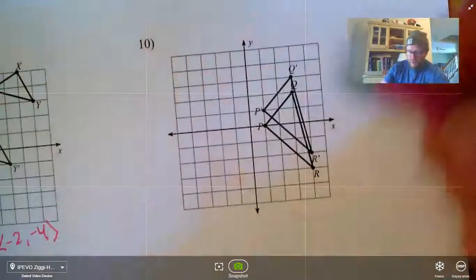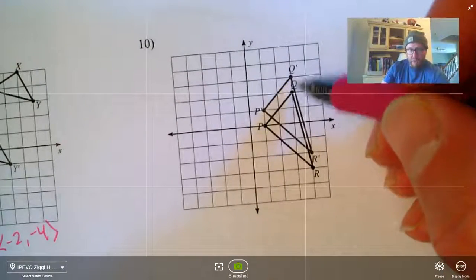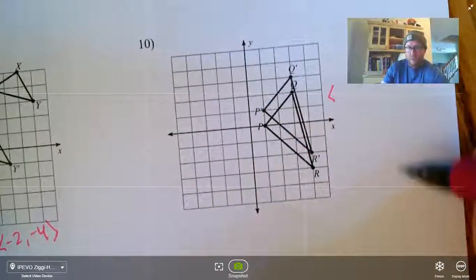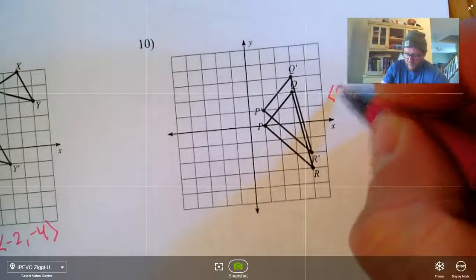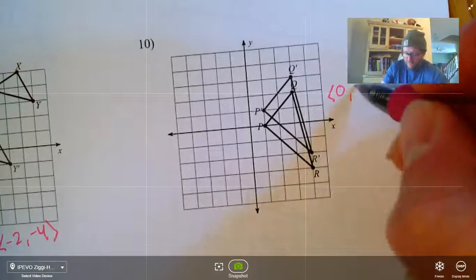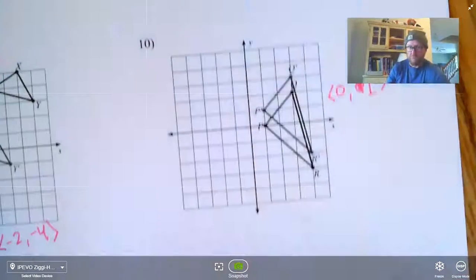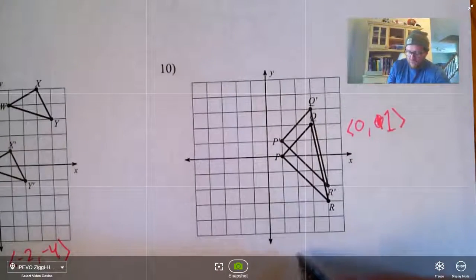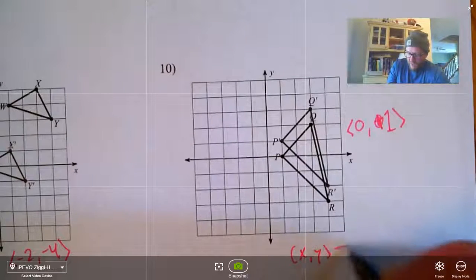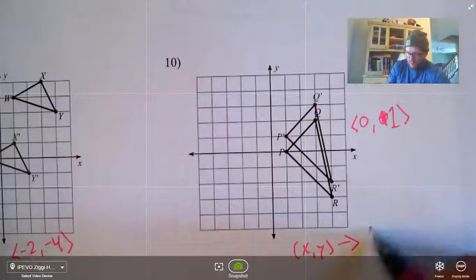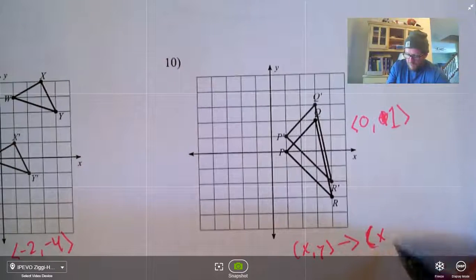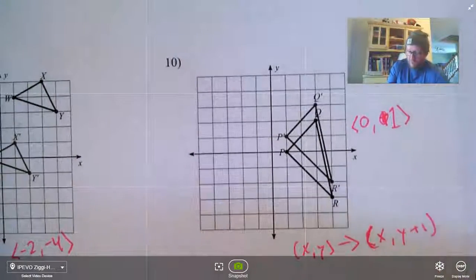Over here, from Q to Q prime, up 1. So that would be no left, right, and I wouldn't write the plus 1. Also, if you're going to write the function notation on this one, you'd write XY gets mapped to X, because X doesn't change, and then Y plus 1.